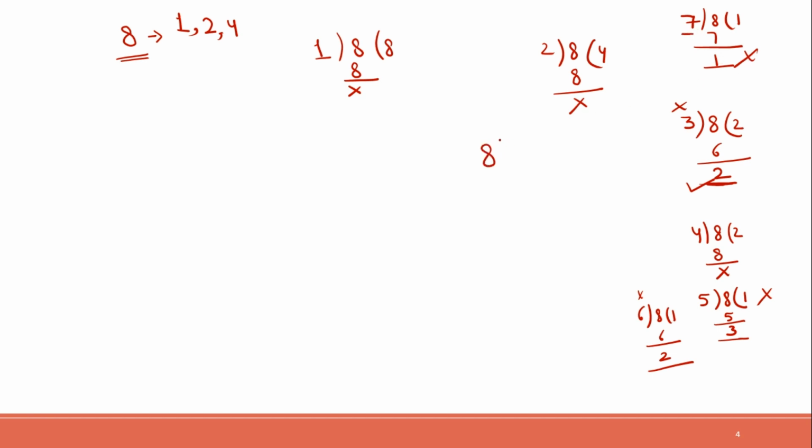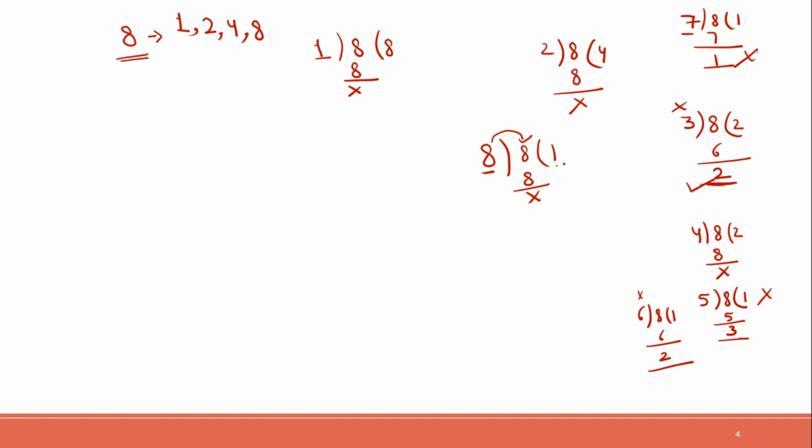Now come to 8 itself. 8 into 1 is 8. No remainder left. So 8 is also a factor of 8. So we can say that we will check only till we reach the number itself. We are checking for 8 and we reached 8 here. That means the dividend and the divisor became the same.